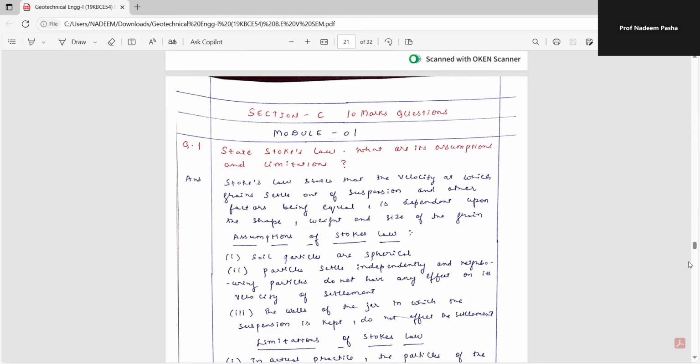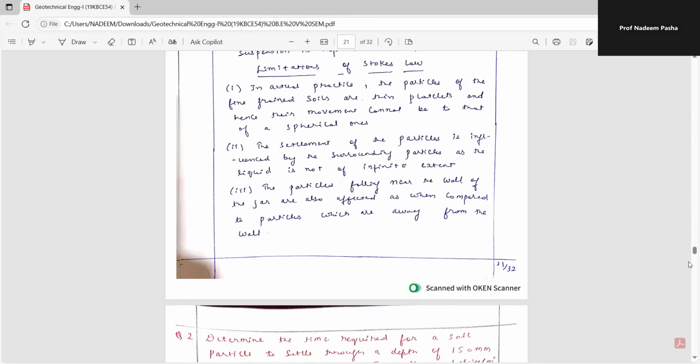So what are the limitations of Stokes law? In actual practice, the particles of fine grain size are thin platelets, hence their movement cannot be that of a spherical one. The settlement of the particle is influenced by neighboring particles, as the liquid is not of infinite extent.